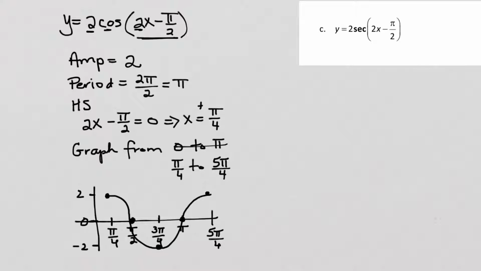So now to actually sketch the graph that we're supposed to graph. So I'll label the axes. That's going to be the same. Pi over 4, pi over 2, and so on.